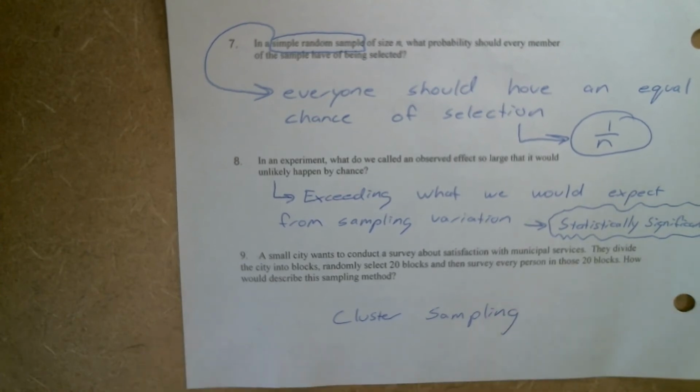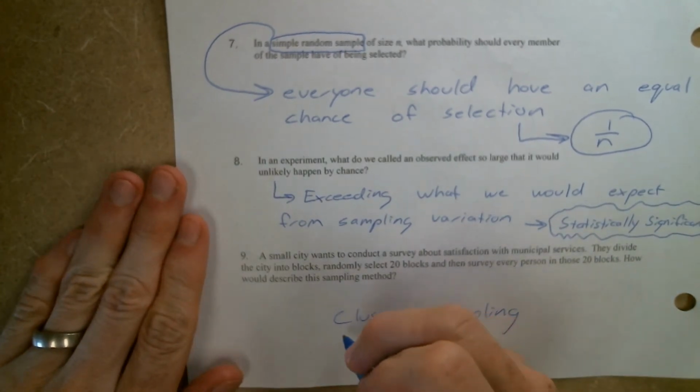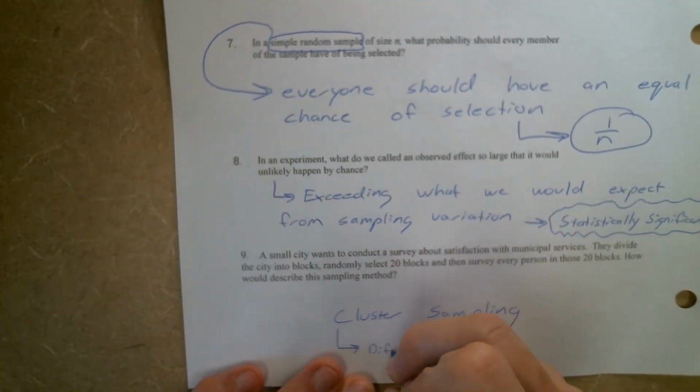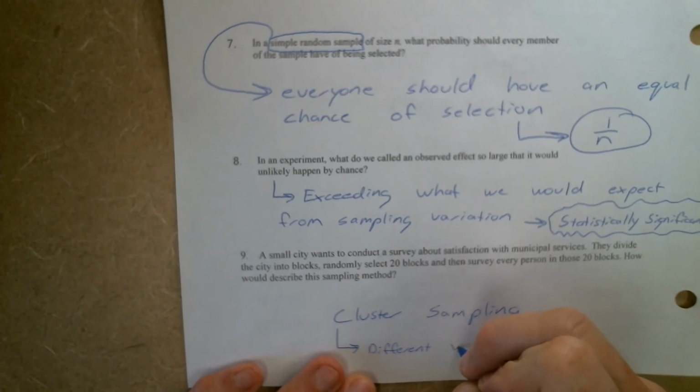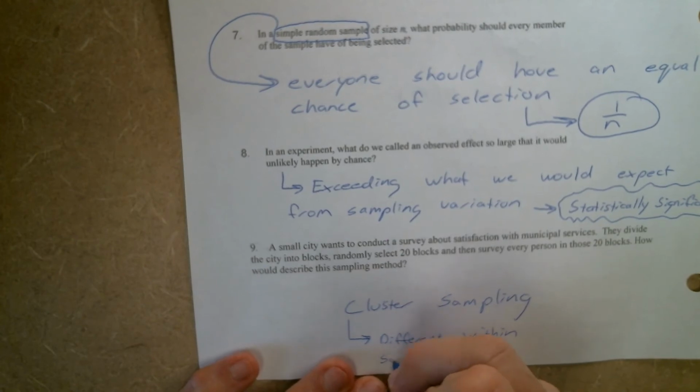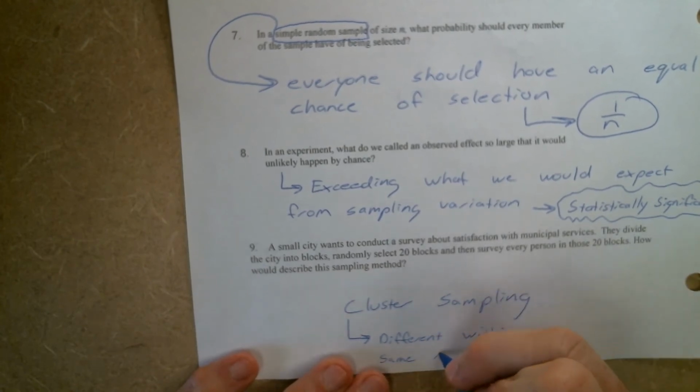And sometimes this is logistically easier because you're just saying, okay, I just survey everybody in the 300 wing and I'm done. It's easy. Everybody's in one spot. And it should be representative as long as each wing has a little bit of each group in it. So generally the little rule of thumb that we say for these is that a cluster sample is different within, like each group is different within, but the same across different groups.